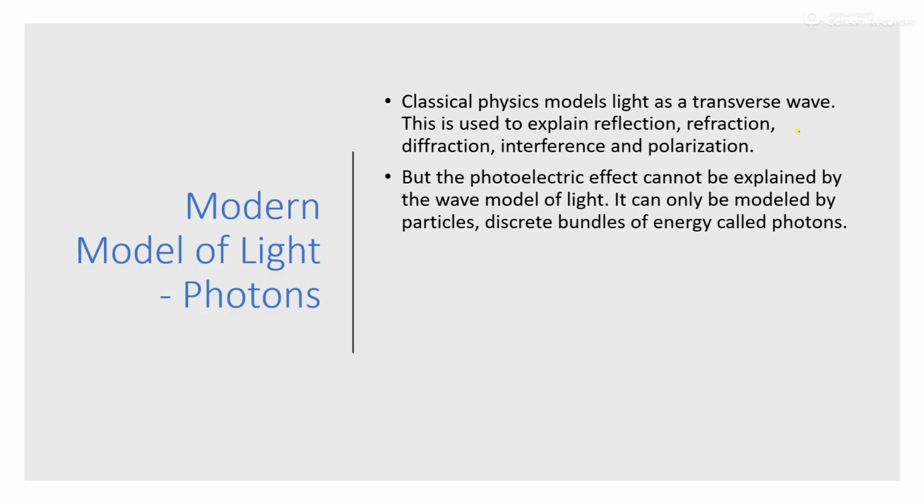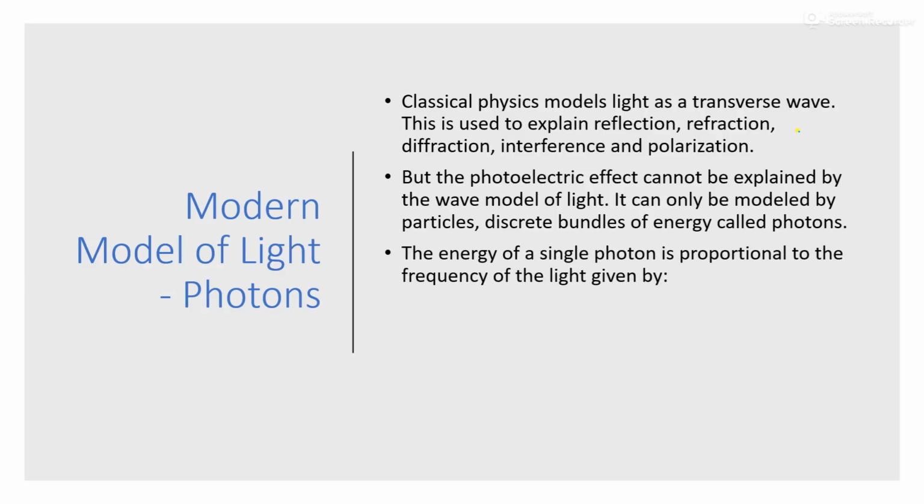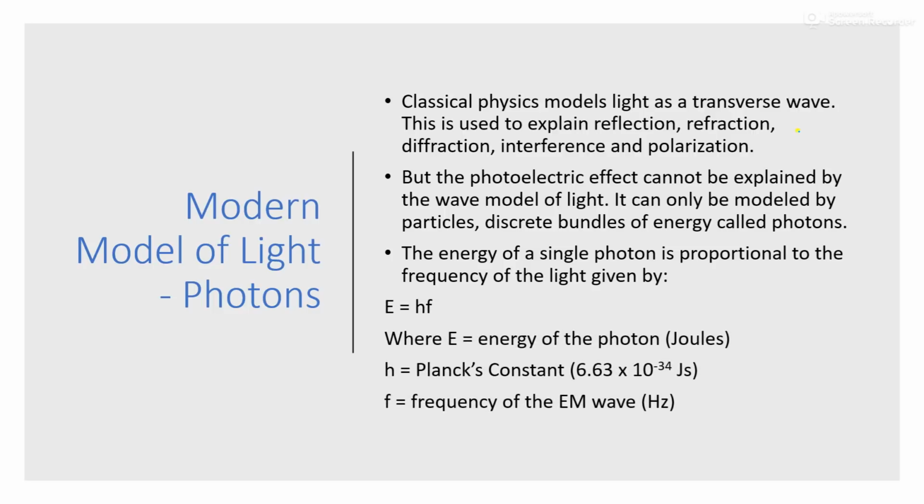These photons are basically discrete bundles of energy, which are proportional to the frequency of the light, which is given by this equation, E equals hf, where E here is the energy of the photon, h is Planck's constant, given by 6.63 times 10 to the power of negative 34, and f here is the frequency of the electromagnetic wave.